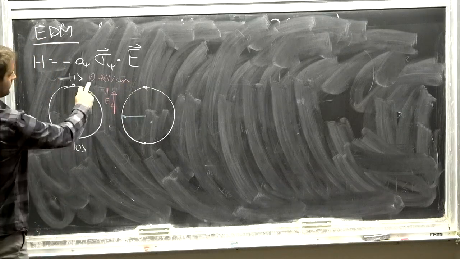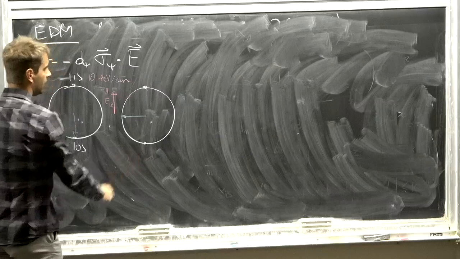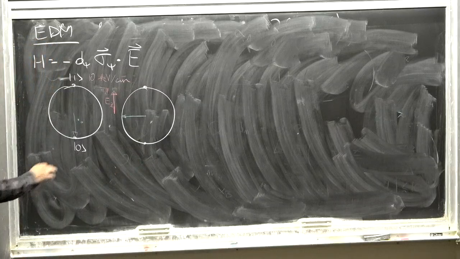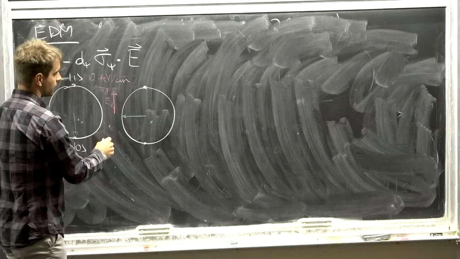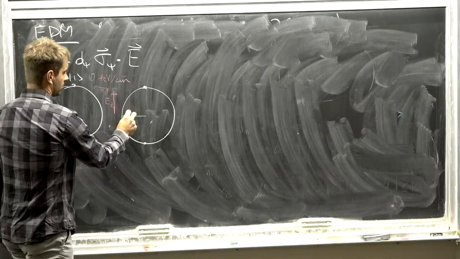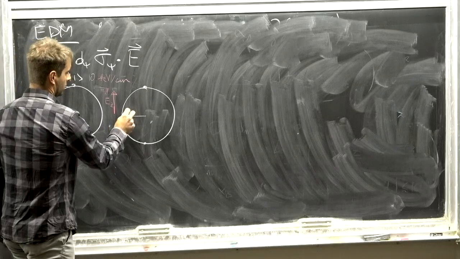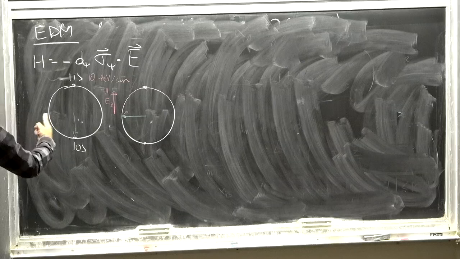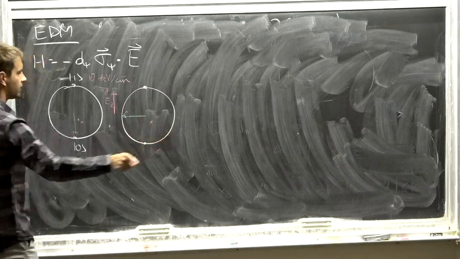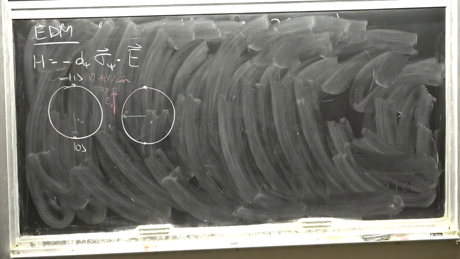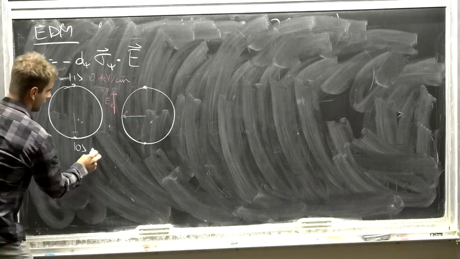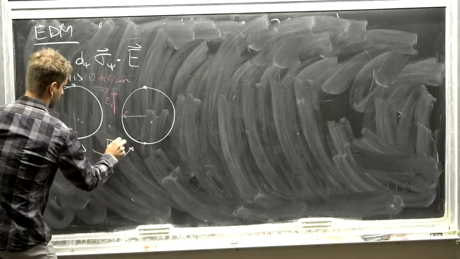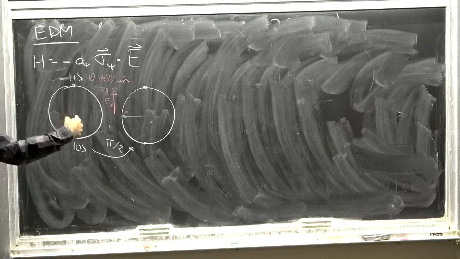So that means that spin up and spin down, in zero magnetic field but with this electric field, would have some different energies. So that means that this spin would precess very slowly in this equatorial plane. So to go from here to here, I applied some pi over 2 pulse with some E field pointed along this axis.